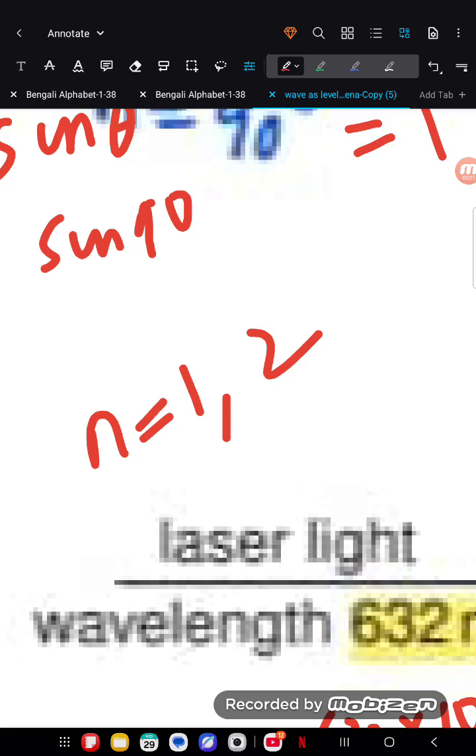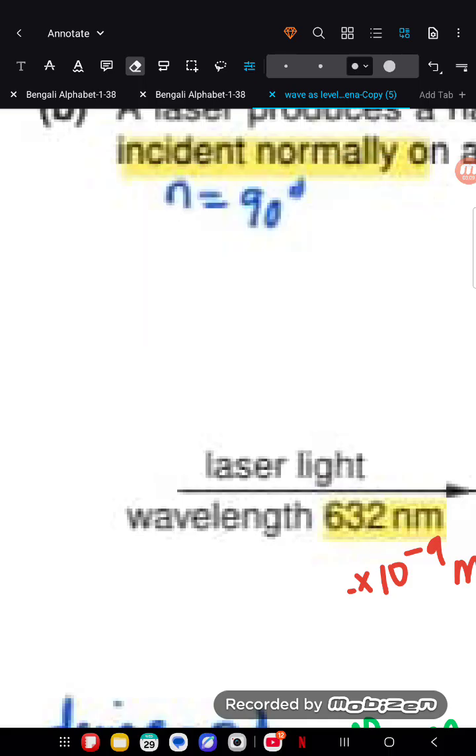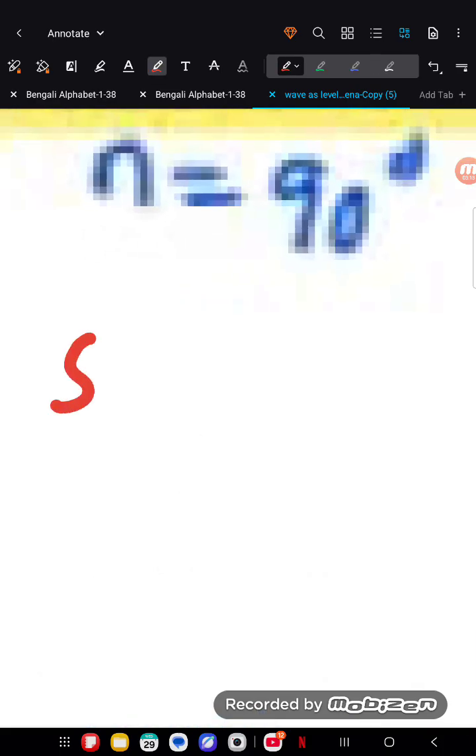Again I'm repeating, not that n is 1 or 2. Here sine theta is 90 degrees.